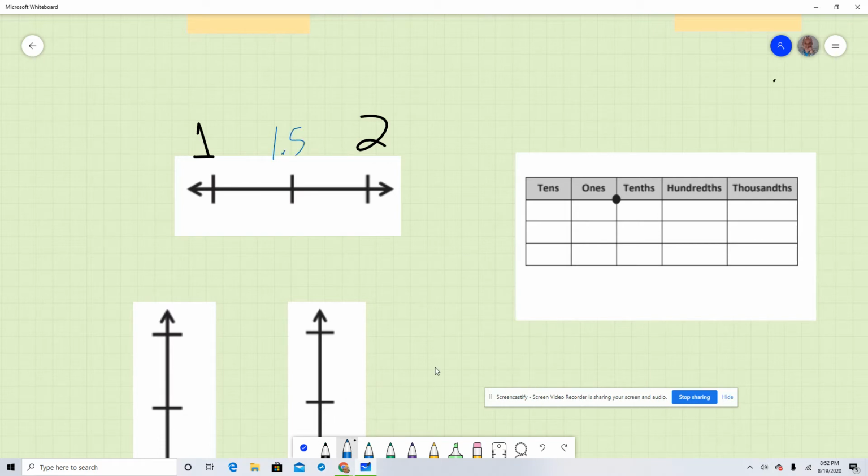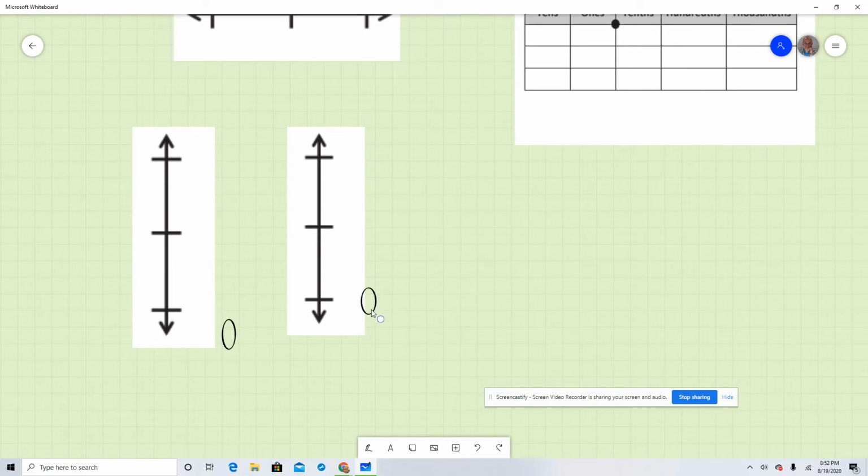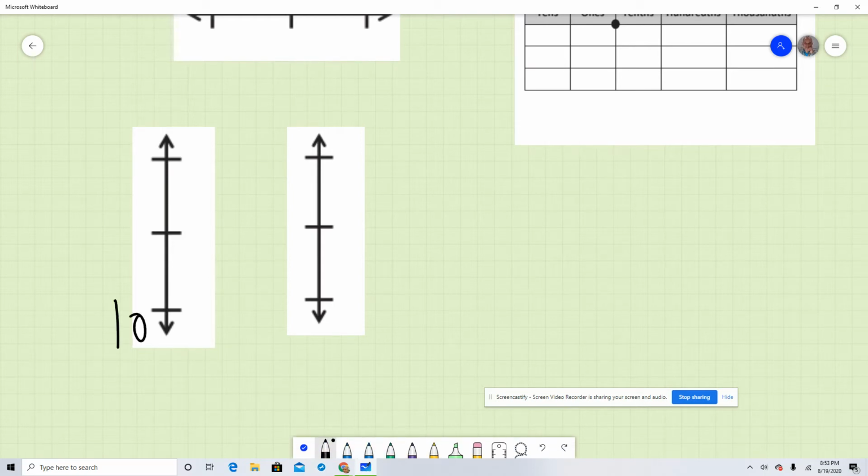Okay, that's one. So how about another one? What is the midpoint between 10 and 20? The midpoint will be 15, right? That's easy.